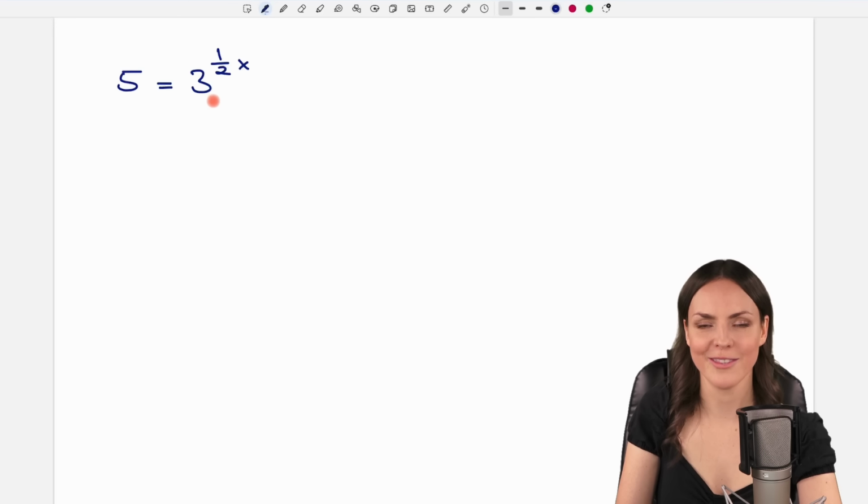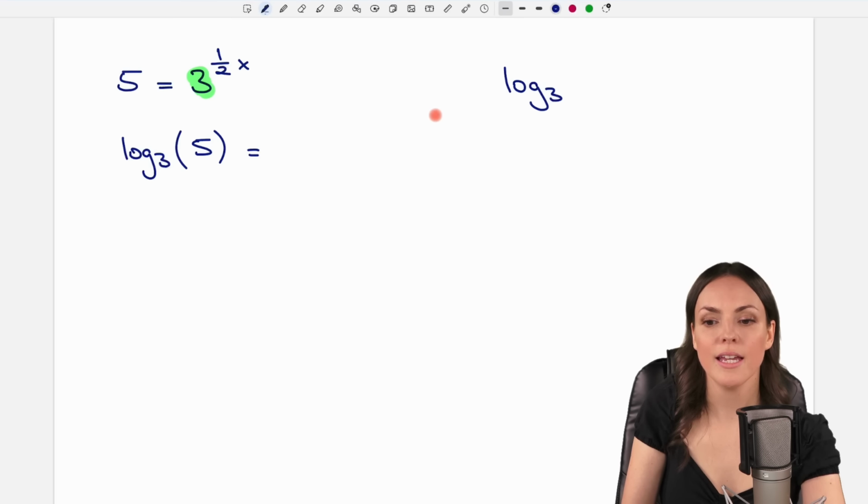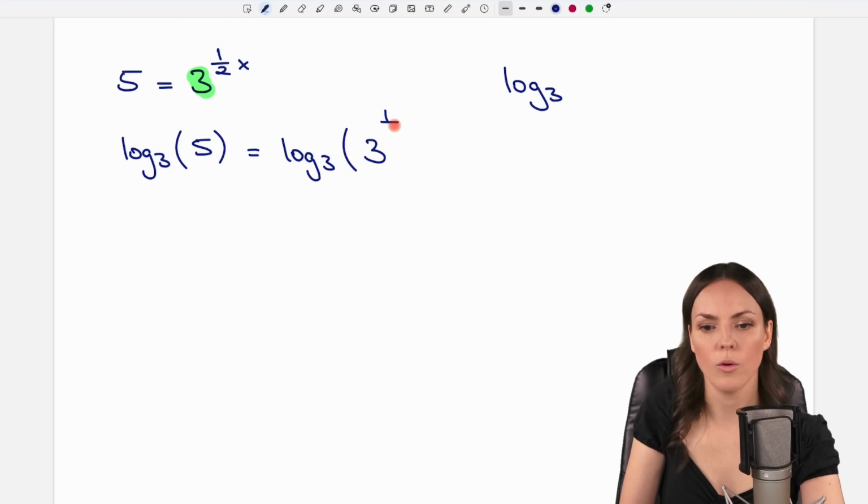We know how to solve these exponential equations. With base 3, we apply the log base 3 on both sides of the equation so that we have log base 3 of 5 on the left side and the same log base 3 of the right side, so of this whole expression here.